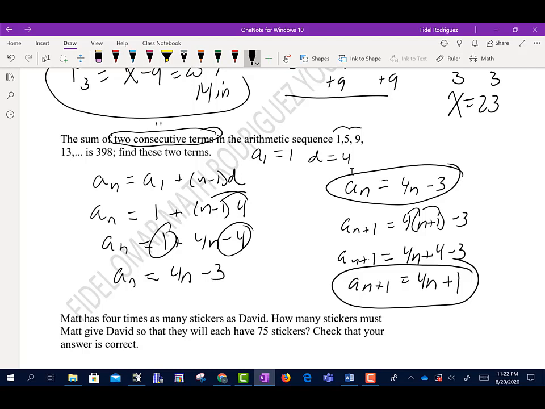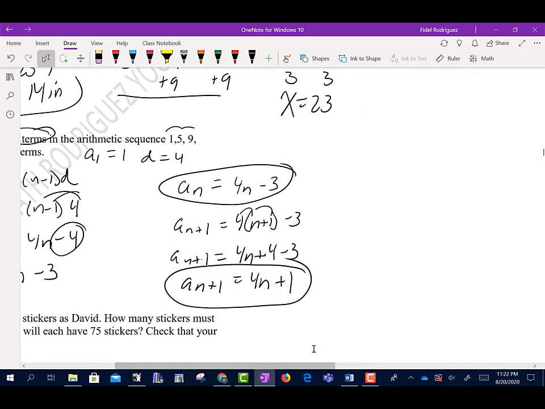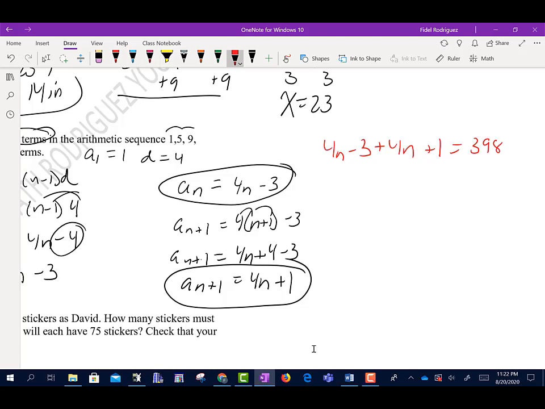And it says the sum. Remember what the word sum means. Sum means to add. If we add two of them together, we're going to get 398. Okay? So I'm going to say if I take 4n minus 3 plus 4n plus 1, I'm going to come up with 398. 4n plus another 4n is 8n.